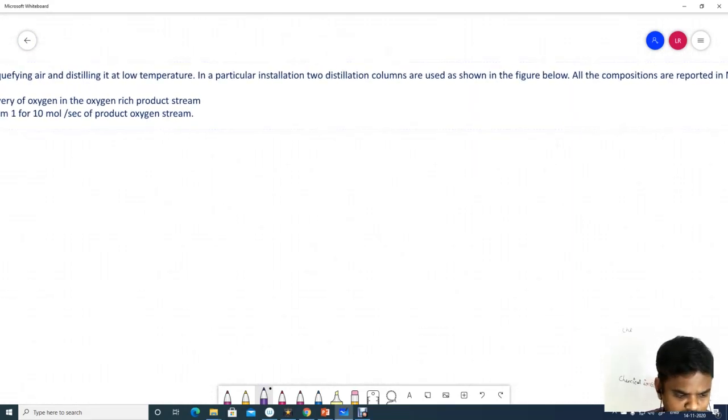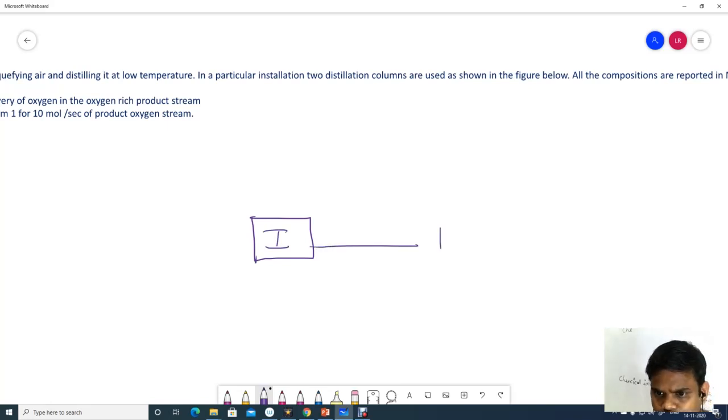So the diagram is given, take down this diagram. We have a unit operation, a distillation unit, right? Two distillation units are used.